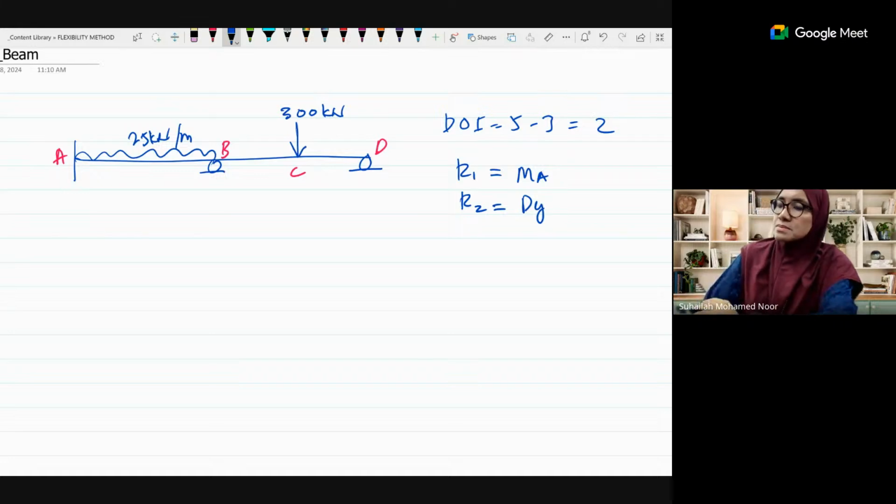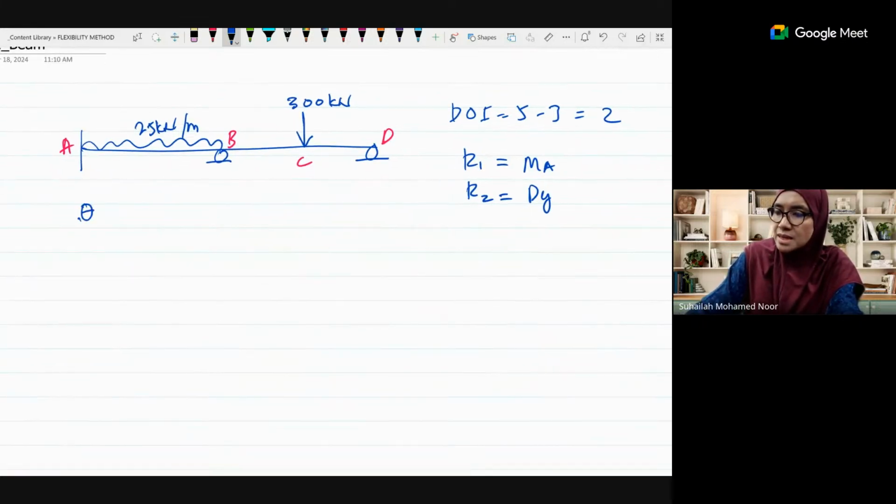Okay. So from the redundants chosen, straight away we can write the standard form of the compatibility equation. We have to make sure that if moment is the redundant, the displacement is not delta but theta. So now we use theta for the first one.